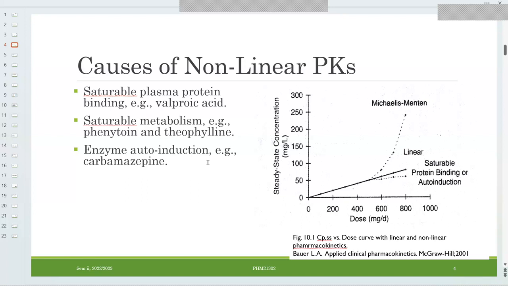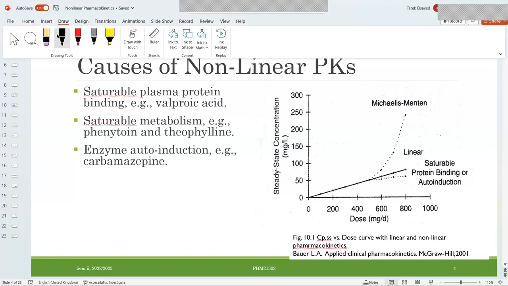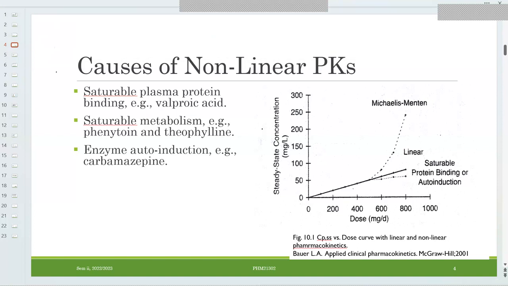So as I mentioned, if you plot the dose against the resulting concentration at fixed time, say steady state concentration, Cmax, Cmin, or C random at fixed time, against the dose, if there is linear pharmacokinetics, then you will get this line, linear relationship. So this one is linear, represent the linear relationship.